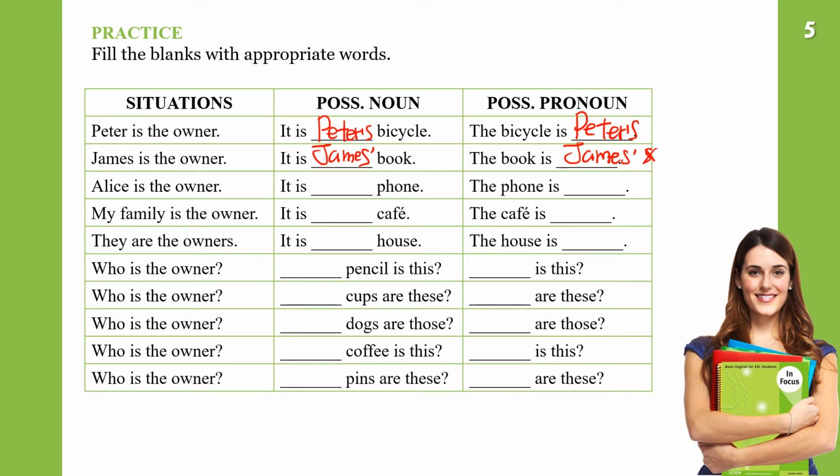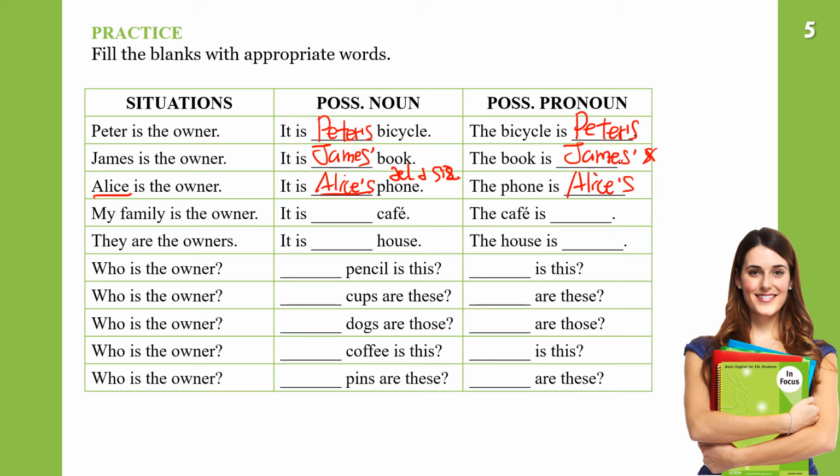Okay, Alice is the owner. So it is Alice's. This is Alice, but this one becomes Alice's. The phone is Alice's.